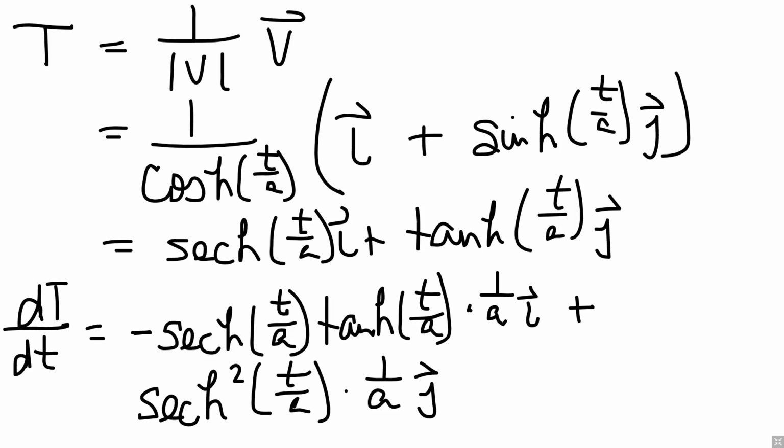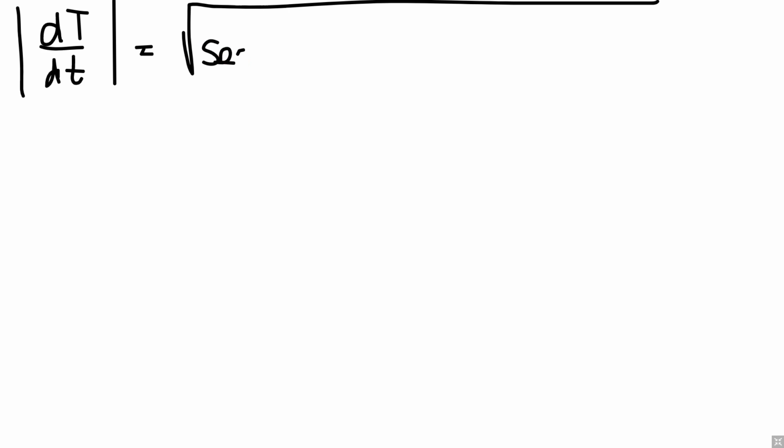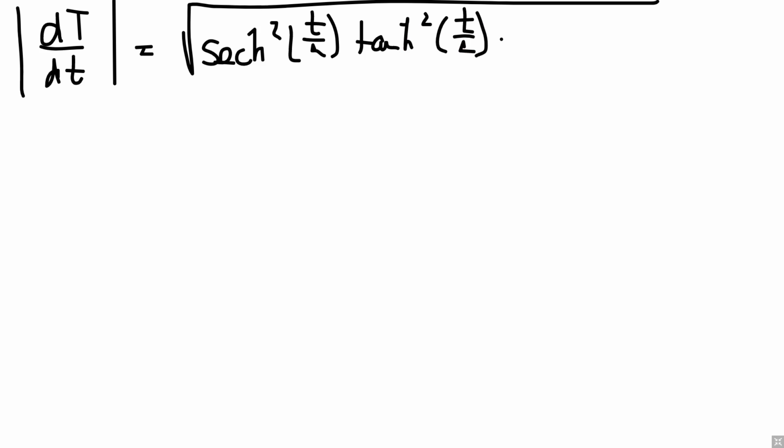Okay. So when you look at the magnitude of this, the magnitude of dT/dt is going to be the square root of secant hyperbolic squared of t over a times tangent hyperbolic squared of t over a, multiplied by 1 over a squared, plus, for the second piece, I'm going to pull the 1 over a squared out front.